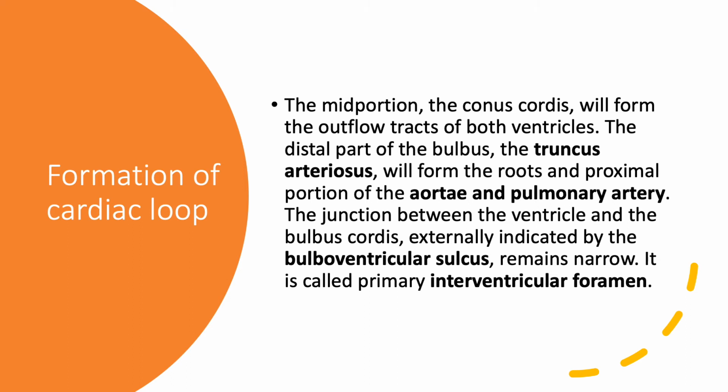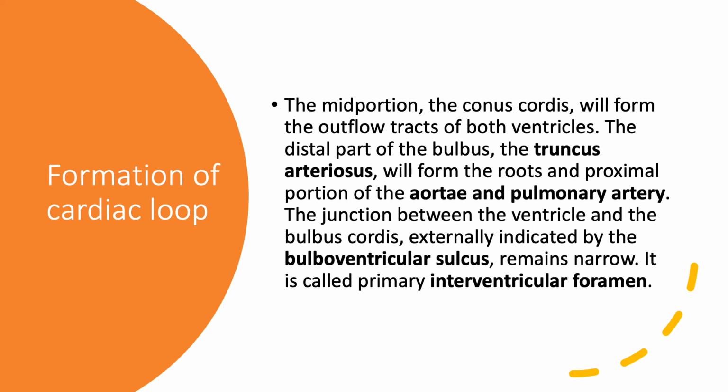As we know from the last lecture, the distal aorta forms from the blood islands, while the proximal aorta forms from the truncus arteriosus, and the origin of the pulmonary artery is also from the truncus arteriosus.